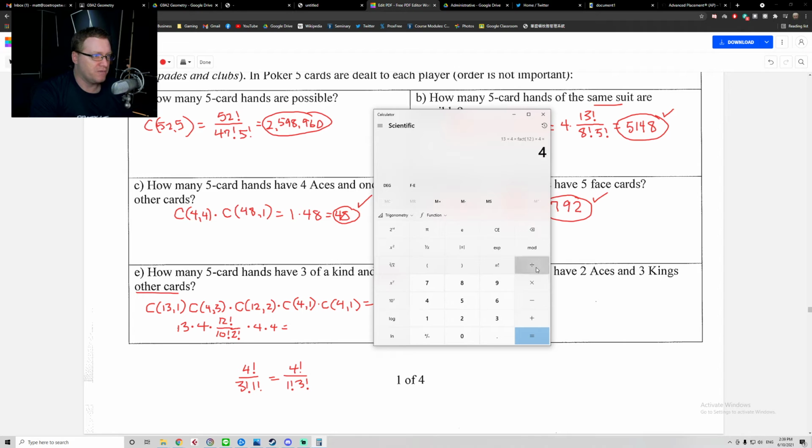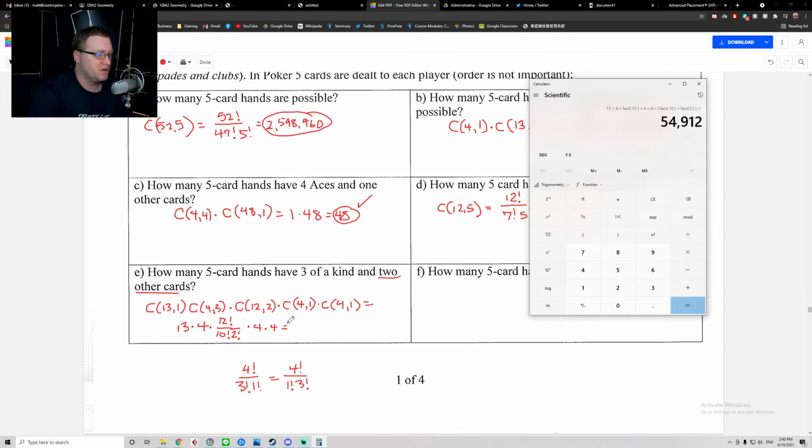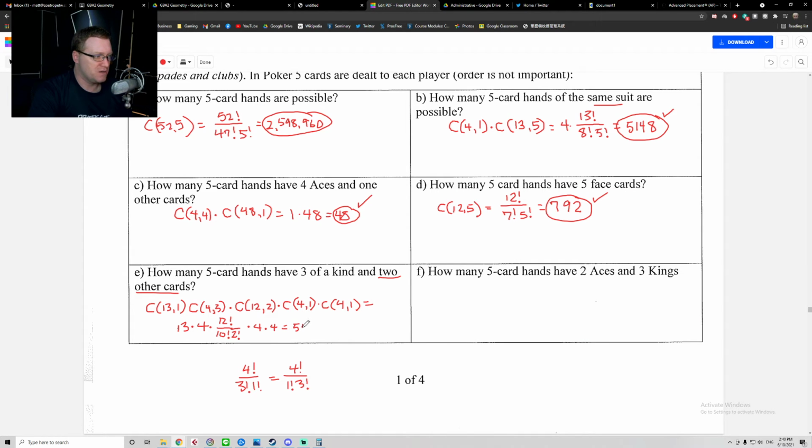And then we're going to divide that by, in parentheses, 10 factorial times 2 factorial. Then close the parentheses and hit equals. And we get 54,912. So that's the number of ways that we can have 5-card hands with 3 of a kind and then 2 other cards.